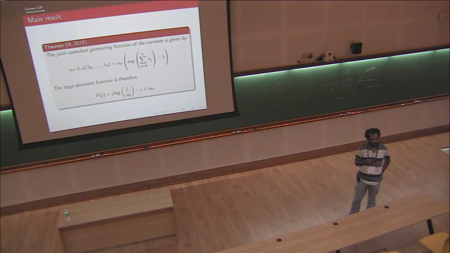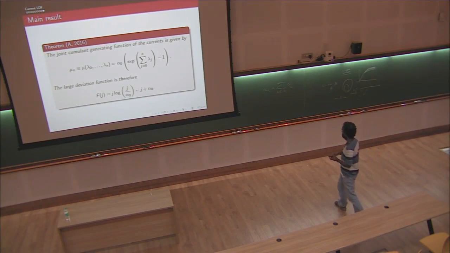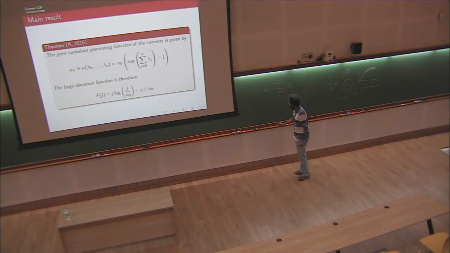The other question was, is this model identical to the low noise limit of the Toom interface model? No, because in the Toom interface model, you have domains.